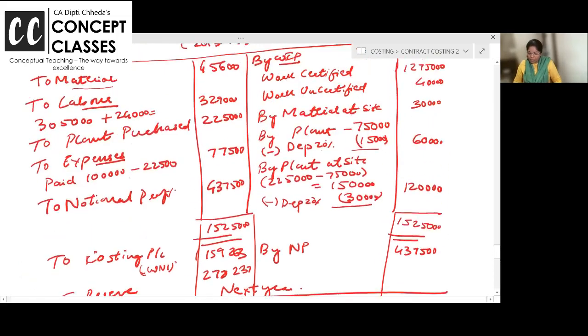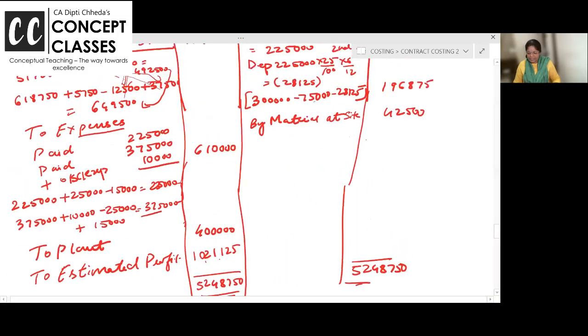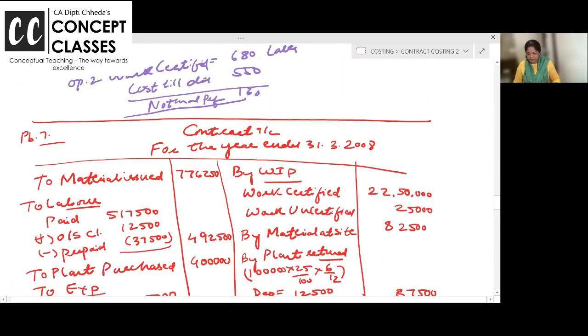Check the whole problem if you have doubt at any bit. When I take total contract, I am ignoring the outstanding and prepaid of in between. Yes. 13th, and this question is clear to all of you.